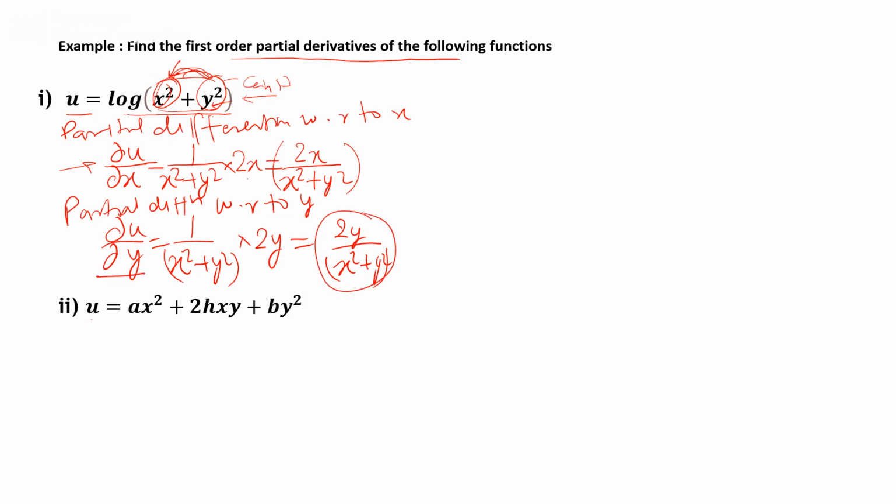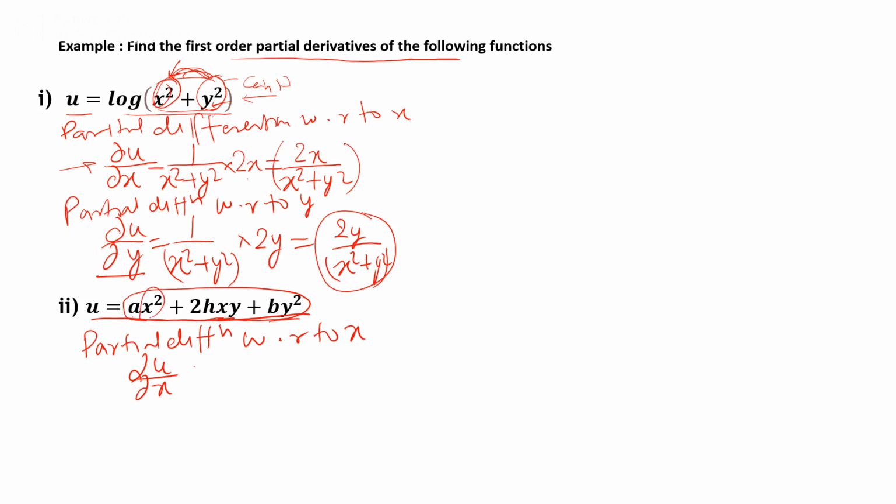Similarly, we have another function u is equal to ax square plus 2hxy plus by square. If we take the partial derivative with respect to x, we write del u upon del x, and in that case we are treating y as a constant, so a is also a constant.